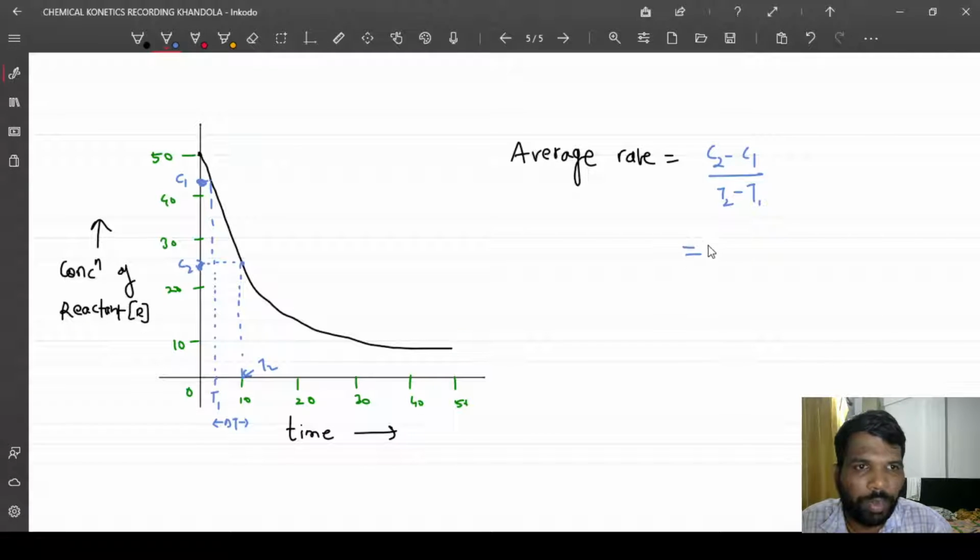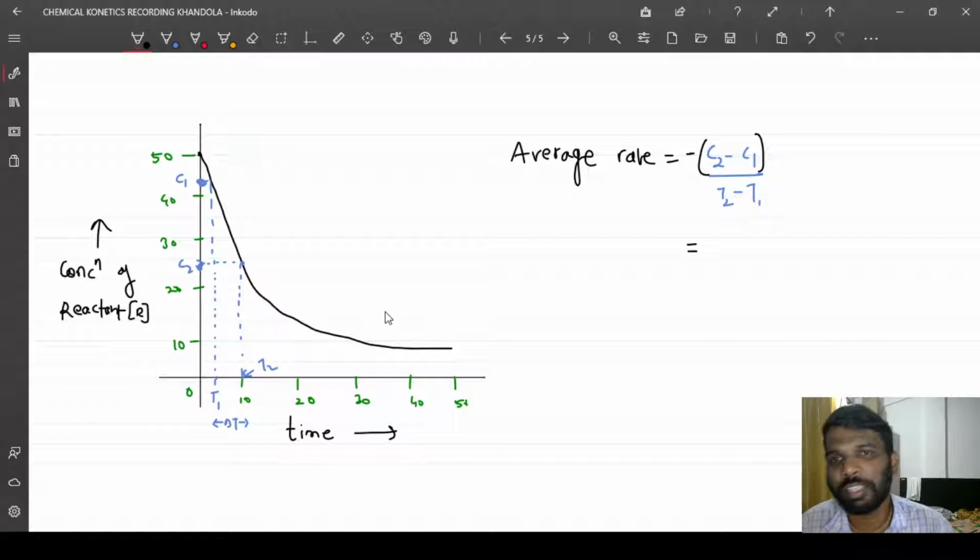The denominator difference will be positive because this is higher and this is lower, but the numerator difference will be smaller minus higher. If I am writing it in terms of the reactant, then it will be this way. What exactly we are finding over here is the average rate.